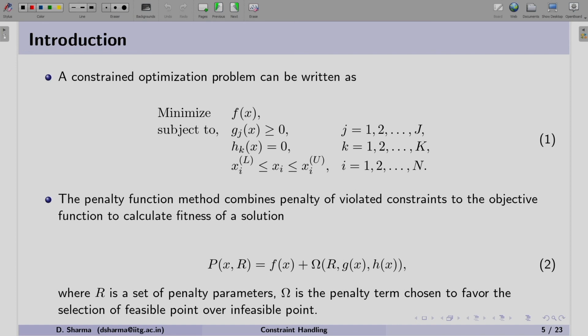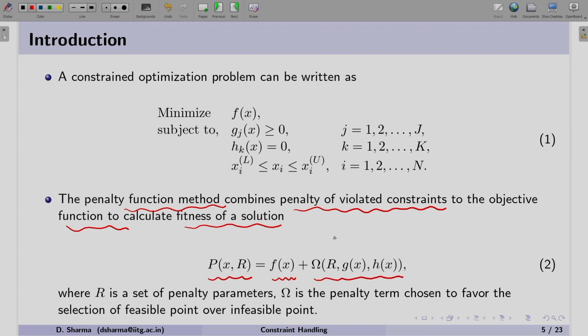In the previous session, we understood the penalty function method, in which we combine the penalty of violated constraints with the objective function to calculate the fitness of a solution. The penalty function method, which is given in equation number 2 as p of x, r equals the objective function plus the penalty term.